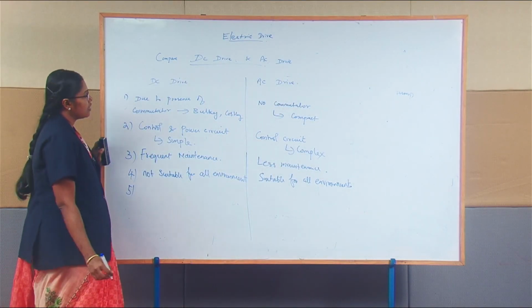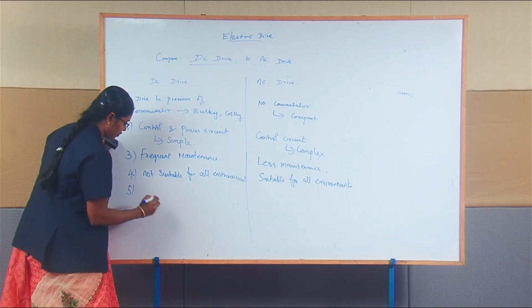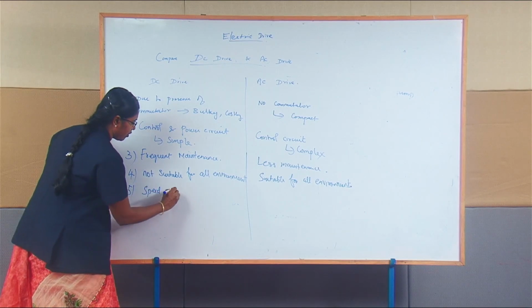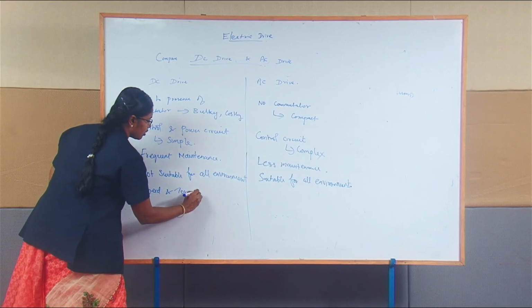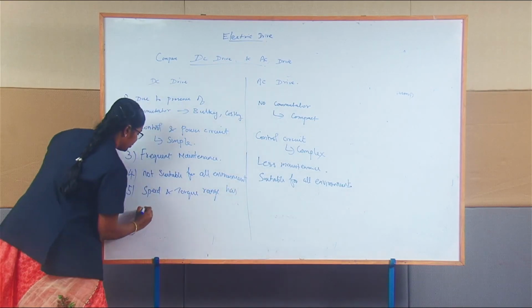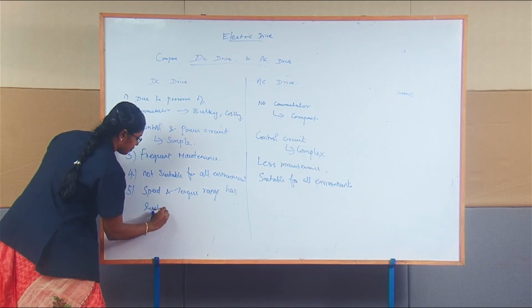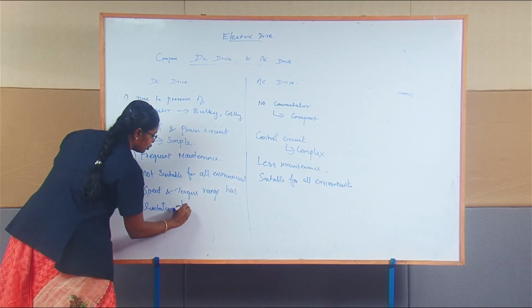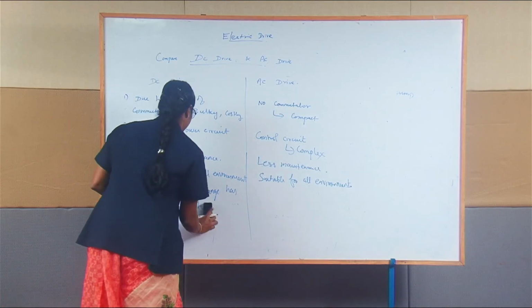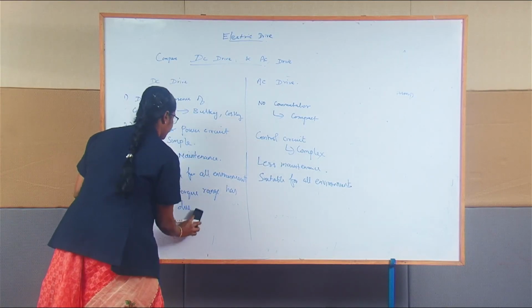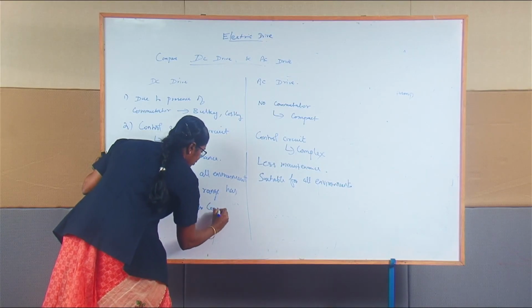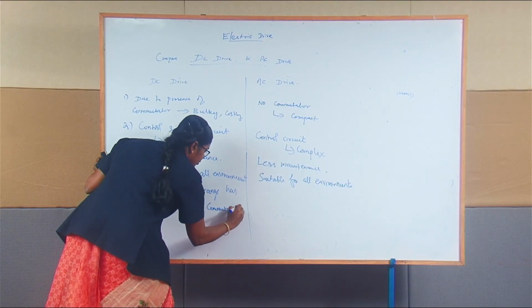And lastly, we can say the speed and torque range has limitations due to commutation.